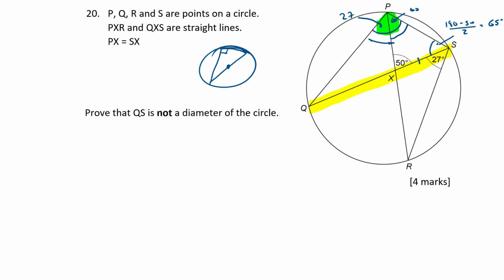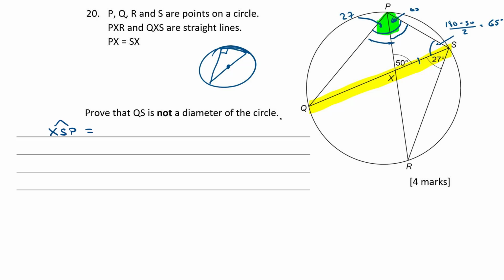So I'm going to say that angle XSP is equal to, we said it was 180 minus 50 over 2, which is 65 degrees.